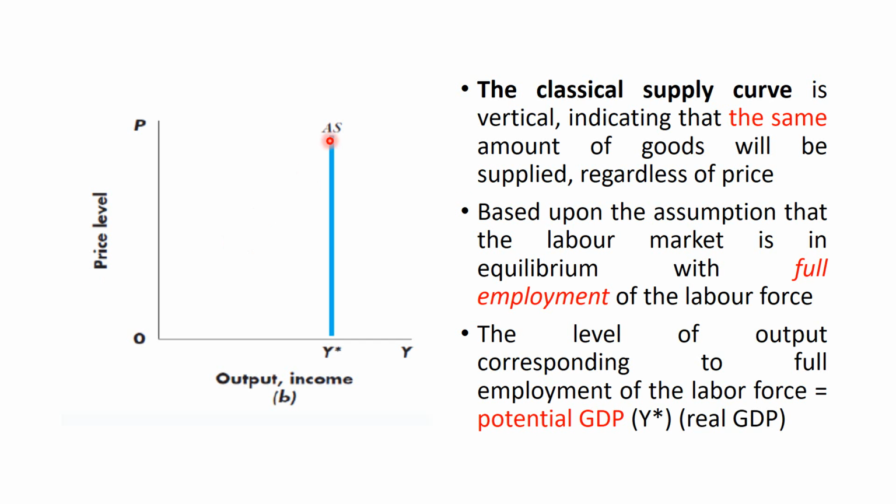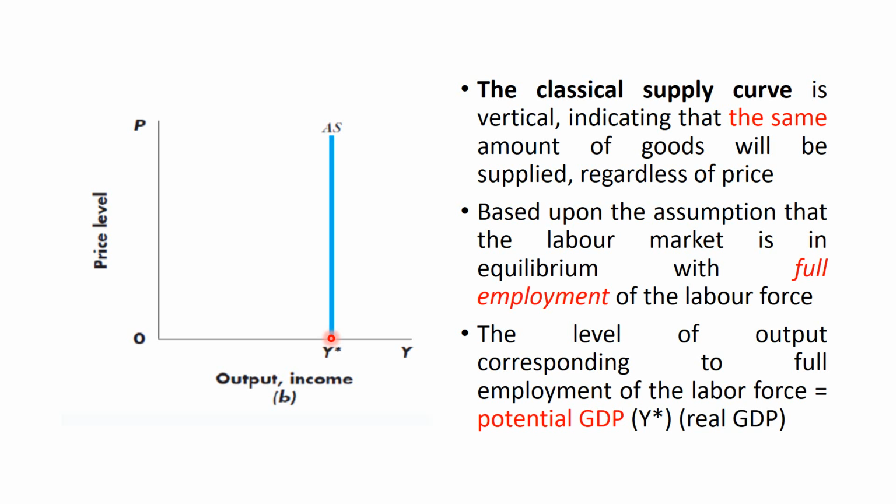And here, the classical aggregate supply curve, sometimes also known as the long-run aggregate supply curve, is showing the amount of output that will be produced when the economy is using all of its factors of production to their fullest potential.